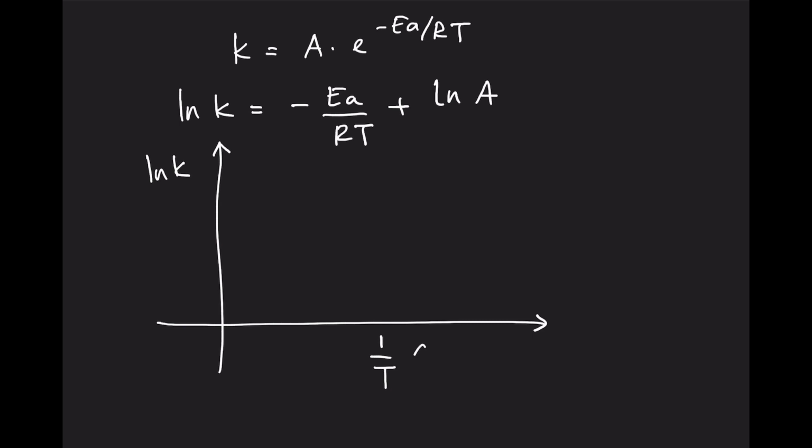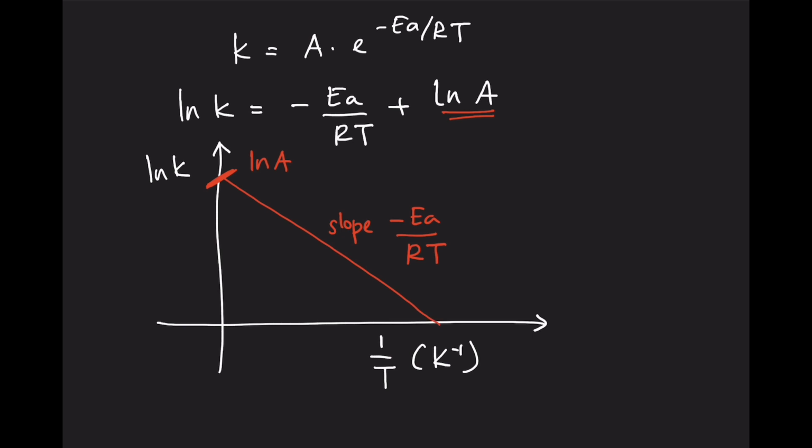And don't forget, this has to be in Kelvin. Never Celsius, always Kelvin. And we will obtain a line that looks like this, so it will go down. The intercept here will be ln A, and the slope here will be minus Ea over R.